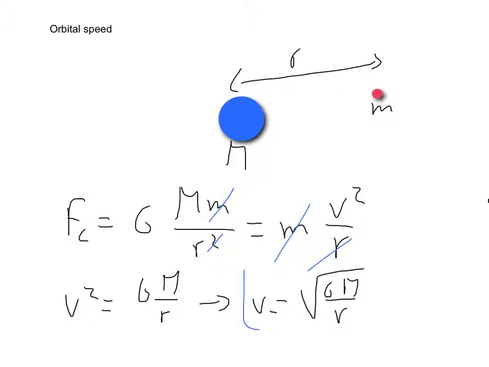And that's my orbital speed. See, just by knowing a little bit about circular motion, namely the centripetal force, you can work this out. You should be able to do this yourselves, even though I've just derived it for you. You should be able to just re-derive it anytime you need.